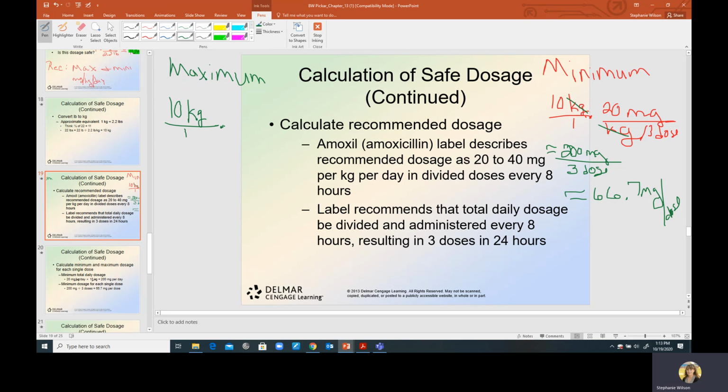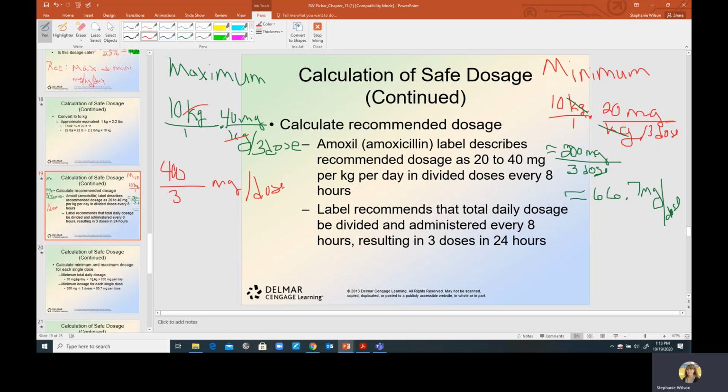I'm going to multiply that by the maximum, which is 40 milligrams per kilogram. And again, we figured out how many doses in a day. Okay, so now I'm going to mark out the units. Let's multiply across. 10 times 40 is 400. Divided by 3, and it's milligrams per dose.